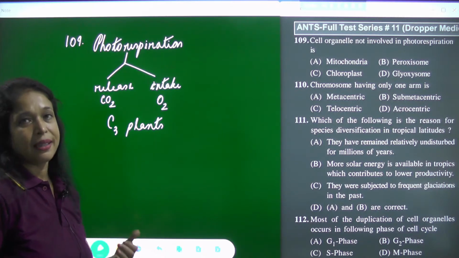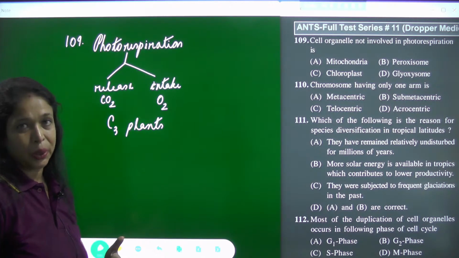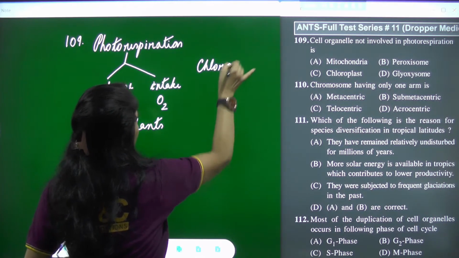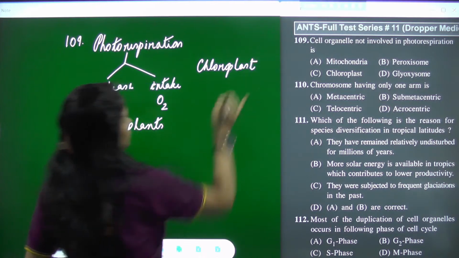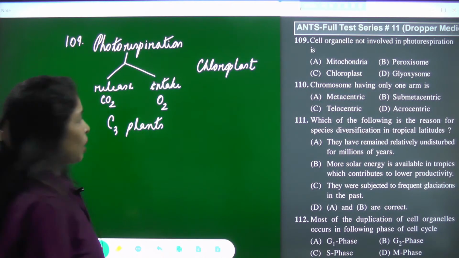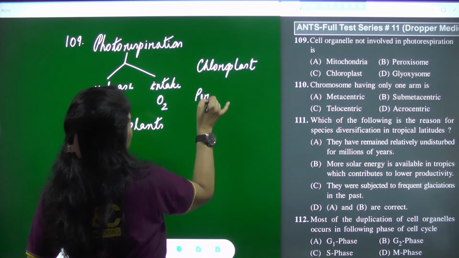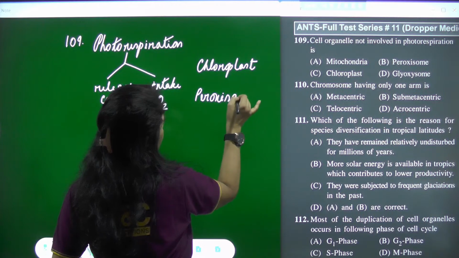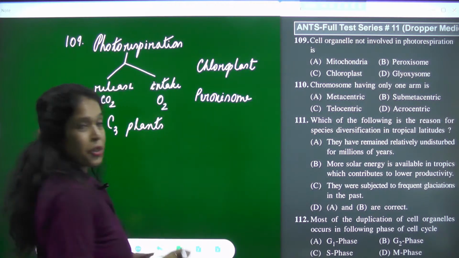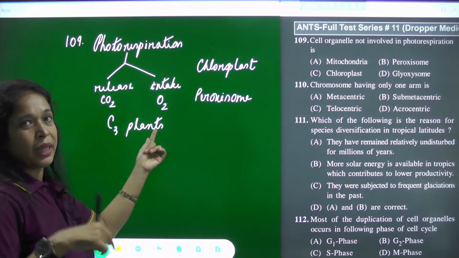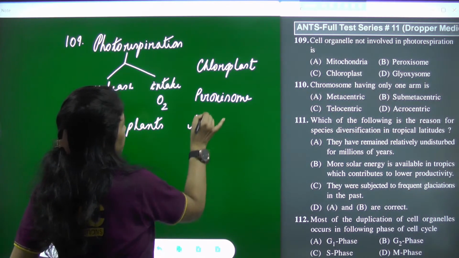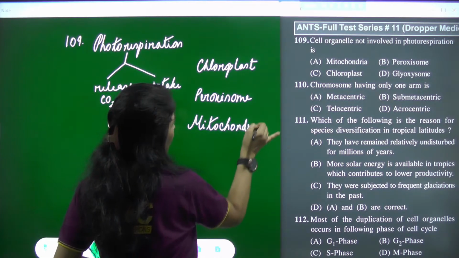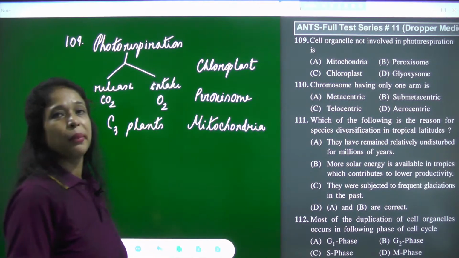These are chloroplast, peroxisome and mitochondria. In chloroplast there will be oxygenation, then in peroxisome, again oxygenation will occur, an extra input of oxygen. Mitochondria will show release of CO2, carbon dioxide.